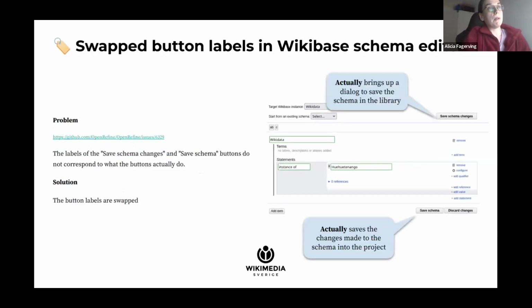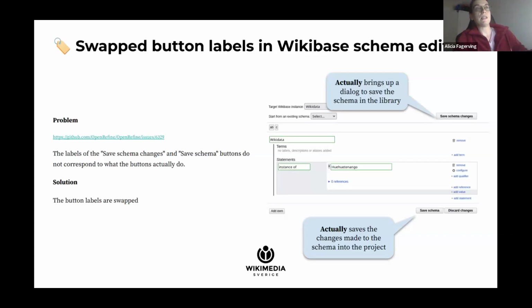Now some user experience things. For example, when you edit the schema before uploading your data or files, some of the things in the schema editor have been a bit confusing, like the buttons that save the schema and save the changes to the schema. They actually did the opposite of what they claim to do.